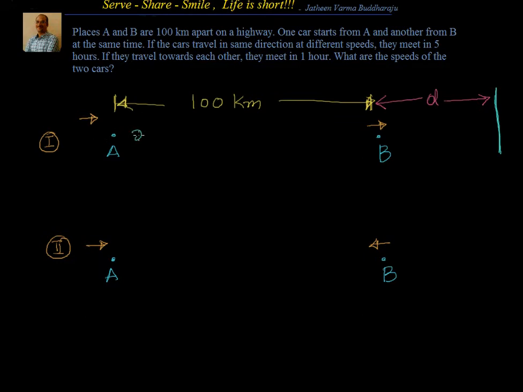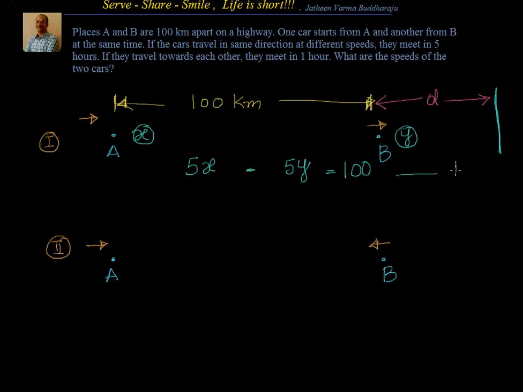Let us say A's speed is x and B's speed is y. In 5 hours the distance travelled by A will be 5x, and the distance travelled by B will be 5y, and the difference between them will be equal to 100.